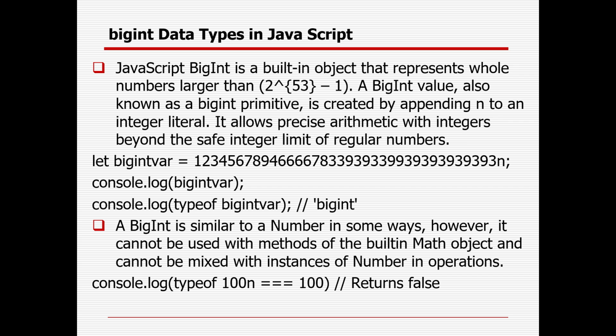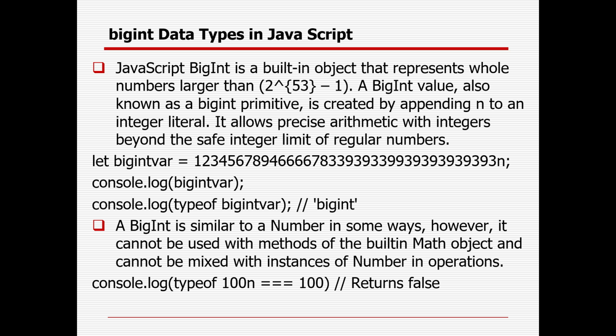So JavaScript BigInt is a built-in object which represents whole numbers larger than 2 to the power 53 minus 1. Number can go from minus 2 to the power 53 to plus 2 to the power 53. But in case the number is bigger than that, number will not play a pivotal role. So here you need to use BigInt.